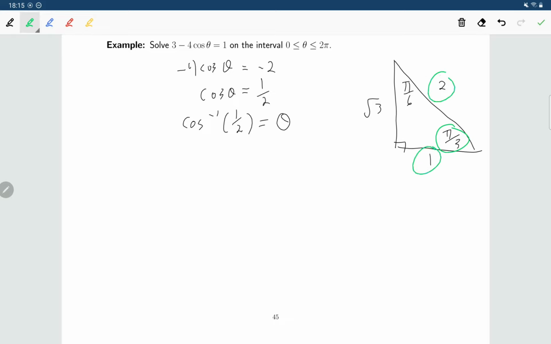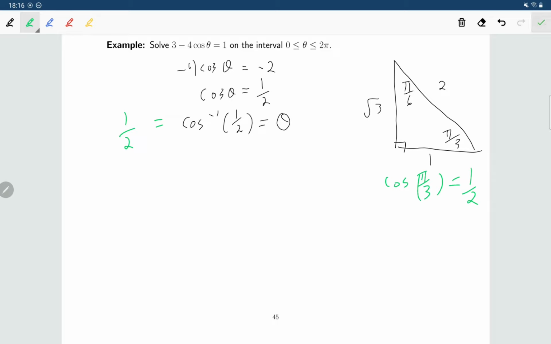Cosine of pi over 3, that would be 1/2. So that means that one value for theta will be pi over 3. That's the value we get from our inverse cosine function.